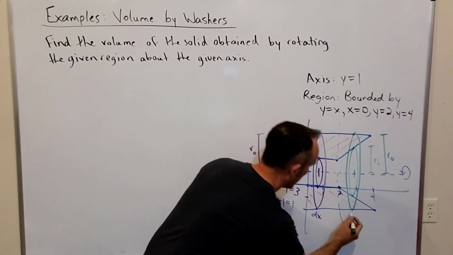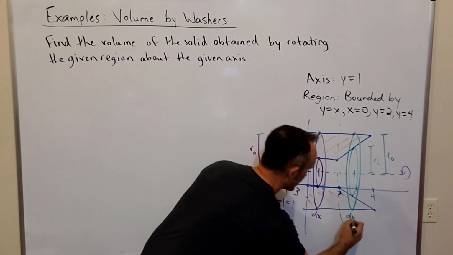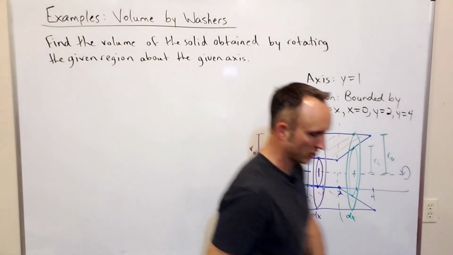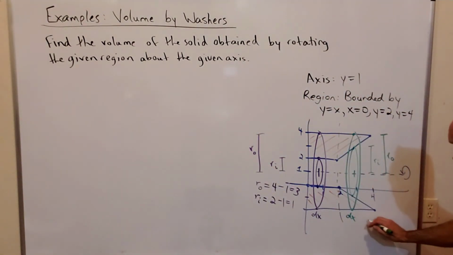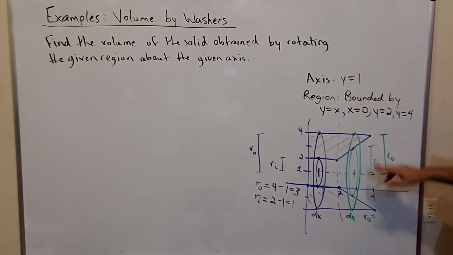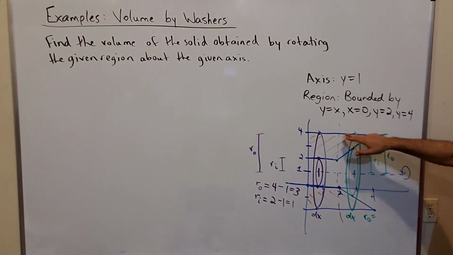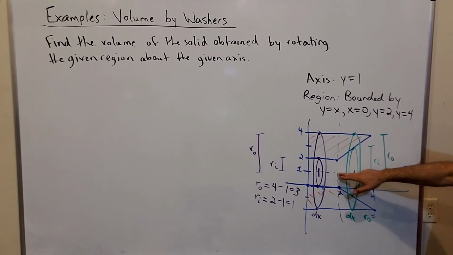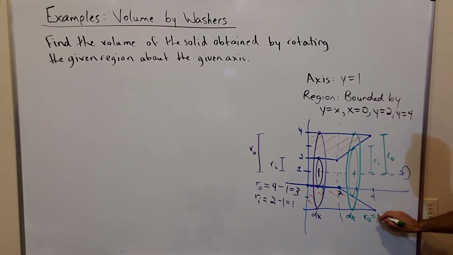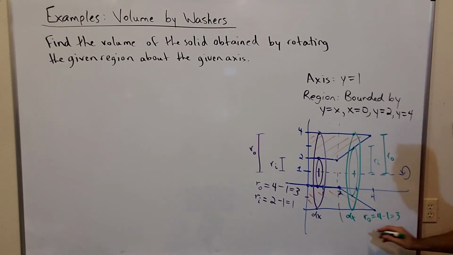Okay? But when we go over here to the green washers, we can see that the outer radius is going to be the top y minus the bottom y. The top y is 4. It's a constant still. And the bottom y is your axis of rotation, 1. So it's still 4 minus 1, which is 3. So you've got a constant outer radius. But your inner radius now is different.